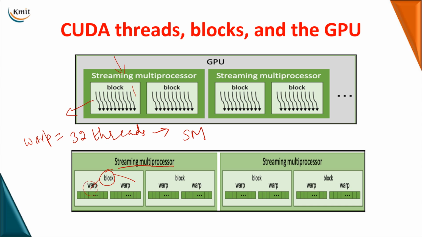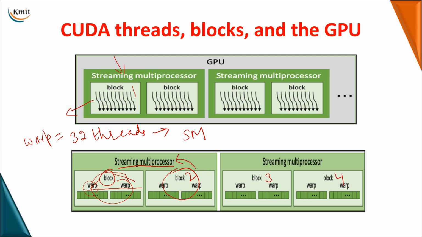It is not compulsory that the warps are executed in the same order. You may have interleaving between the warps, where you execute the first warp, then go for the third one and come back to your second one. But make sure that all these warps correspond to a single block. If I name these blocks as block 1 and block 2, they are to be executed only on one streaming multiprocessor, and these are block 3 and block 4.